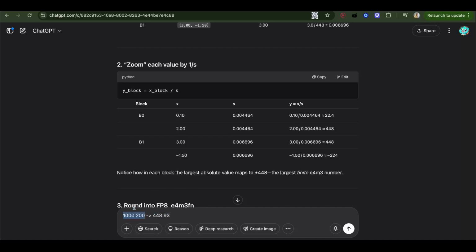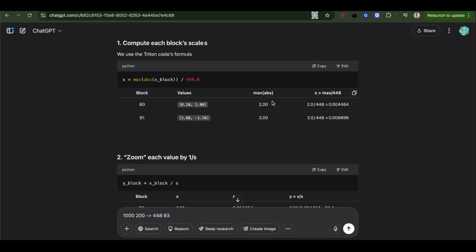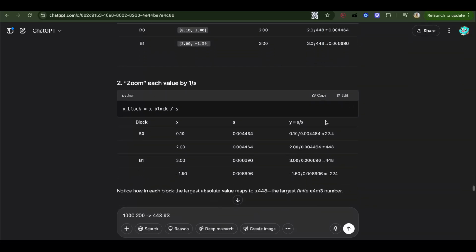So that means if your largest number is bigger than 448, then every number will get smaller. But if your largest number is smaller than 448, then when you divide by this scale factor, you will get bigger numbers for each element.